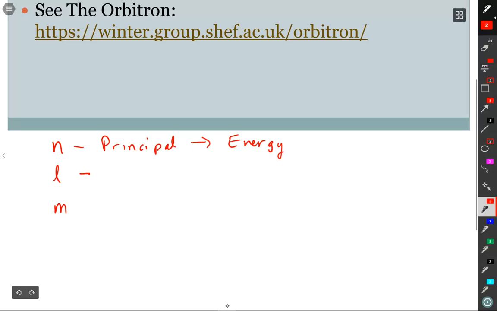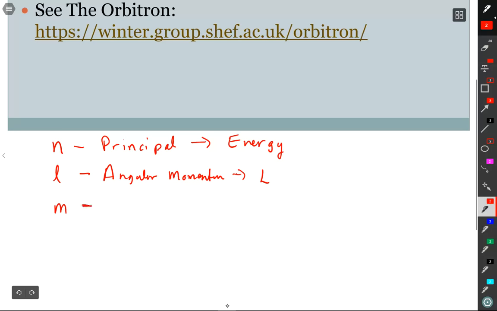Then we have L. I'm going to call it the angular momentum quantum number. You'll see different names for these. It tells us our angular momentum. I'm just going to put L squared because, well, L, same difference. It tells us the angular momentum.